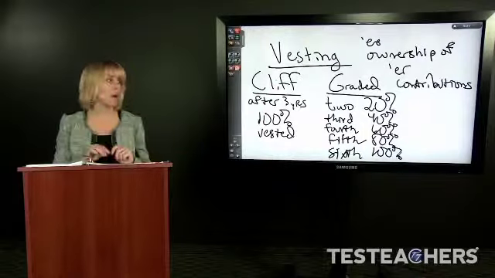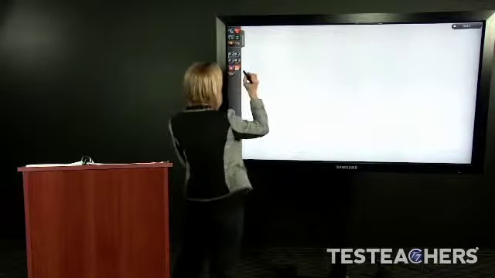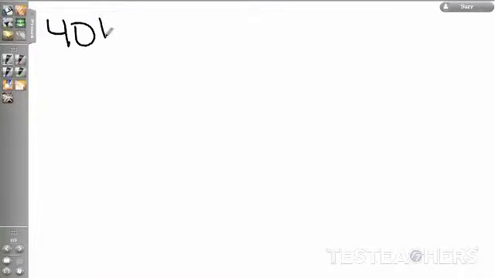The Simplified Employee Pension Plan, the SEP IRA, is a qualified plan for the small business that has no more than 50 employees. So we've got 401k, large business.